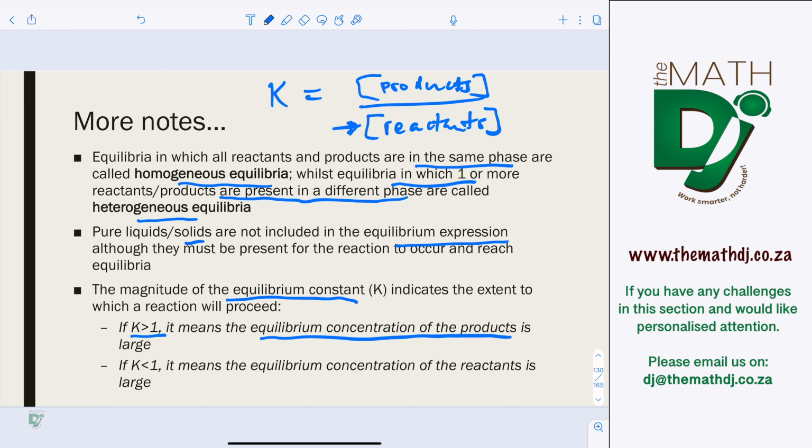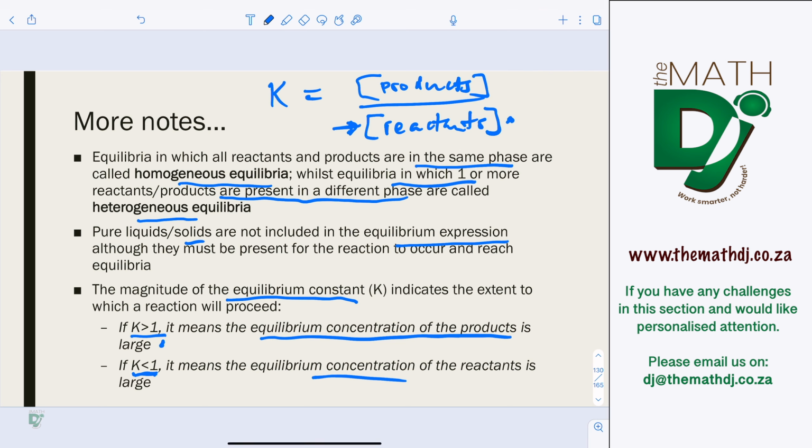When K is less than 1, it means the equilibrium concentration of reactants is large. So when the reactant concentration is large, your K will be smaller. But when the reactant concentration is smaller than the product, K will be greater than 1.